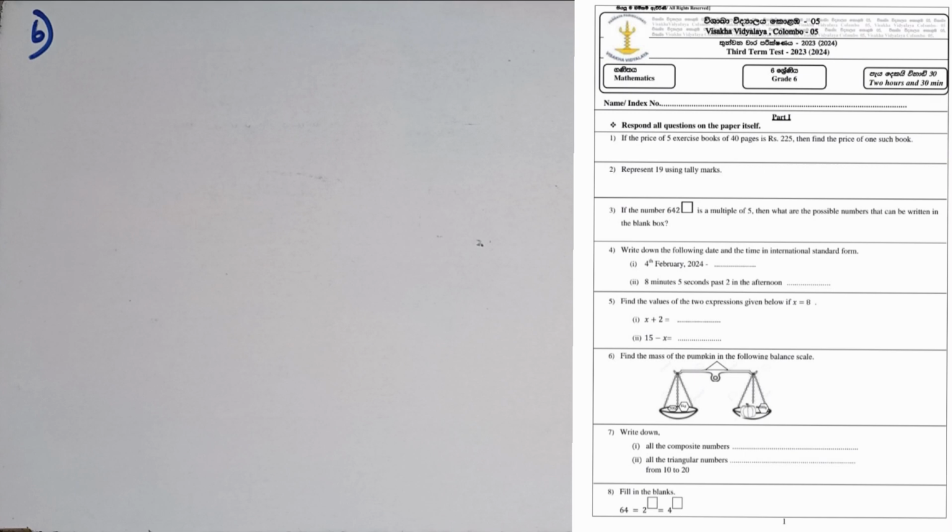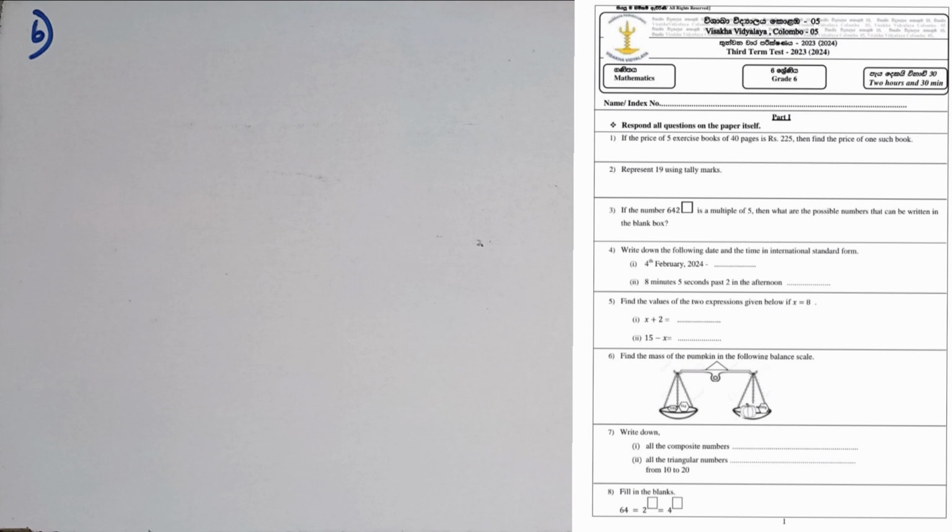Question number 6. Find the mass of the pumpkin in the following balance scale. The indicator in the balance stays straight, so we can equate the weights on both sides.